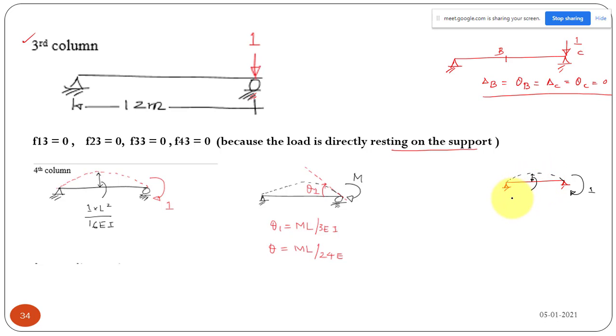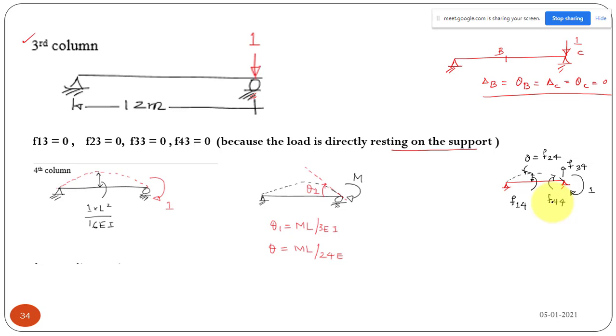That will be f14. And what is the value of theta here? That is your f24. And what is the value of the deflection here? That is your f34. And what is the rotation? This rotation is your f44.